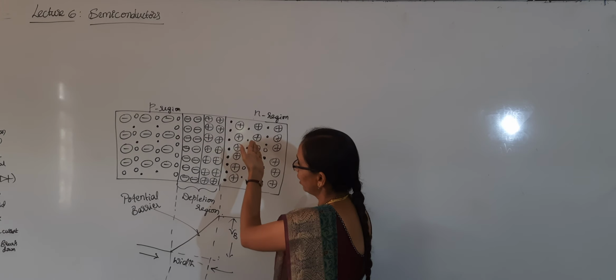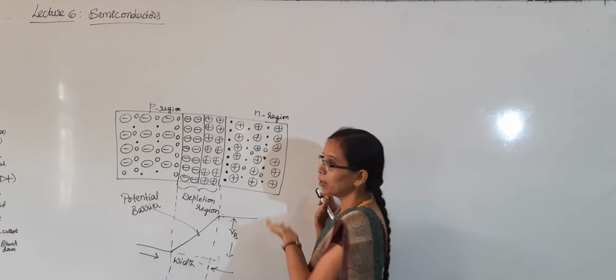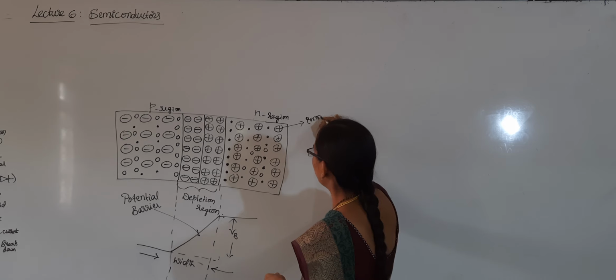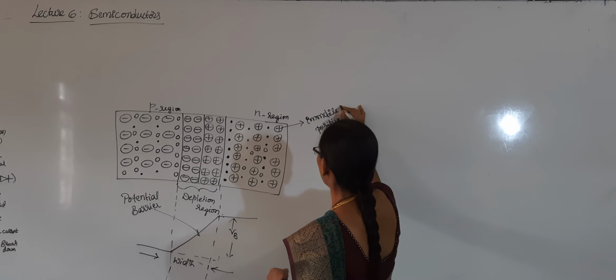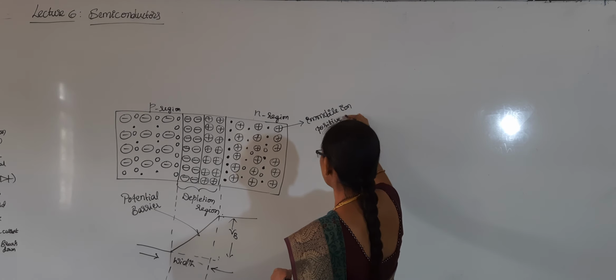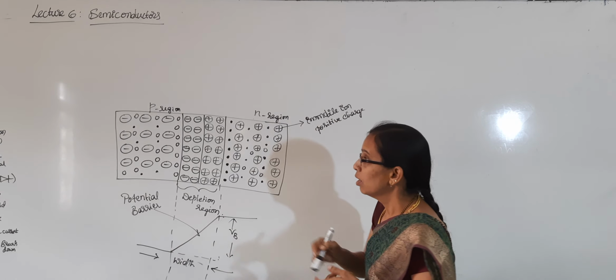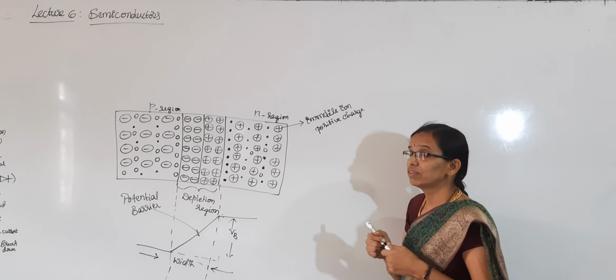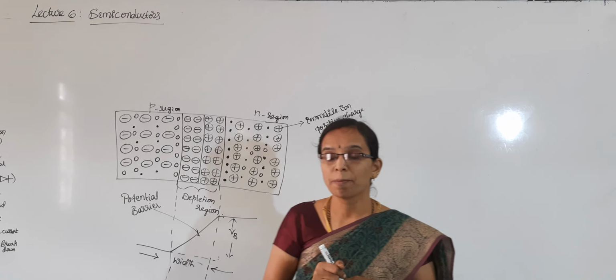The N region contains many immobile positive ions, which carry positive charge, whereas the P region contains immobile ions which carry negative charge.